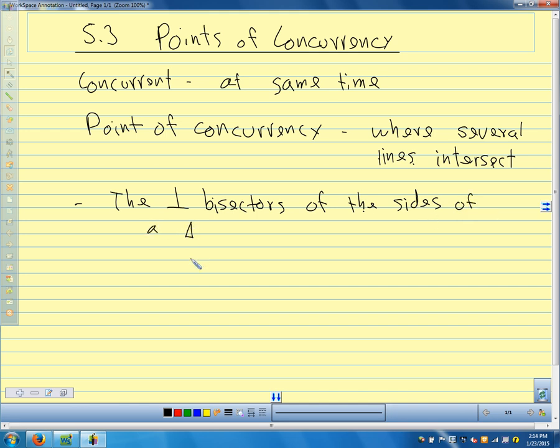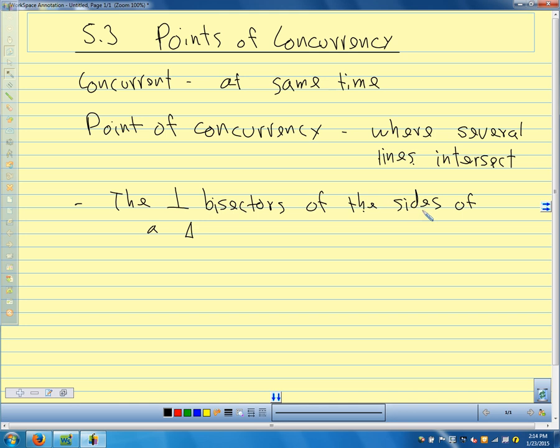Before we write the rest of this down, perpendicular bisector, what are these things doing to the sides of the triangle? Cutting them in half to make them equal, and what's the perpendicular part tell us? 90 degrees. Making a 90-degree angle.